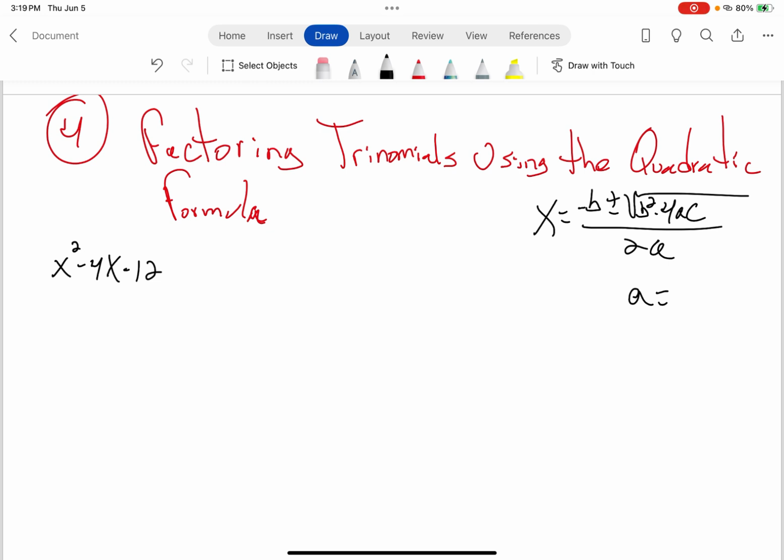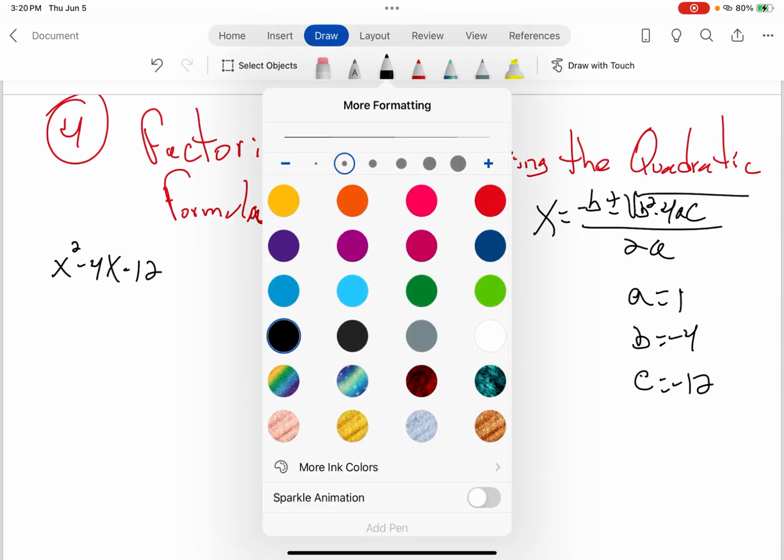The number in front is 1, right? In front of here there is a 1, we don't have to mark it. And then the second term, the number in front of the x, is minus 4, so this will be our B. B is equal to minus 4, and C will be equal to minus 12, the last term. So we have the three variables. Now we can just plug those variables into the formula.